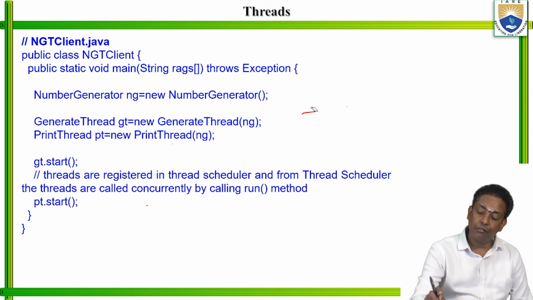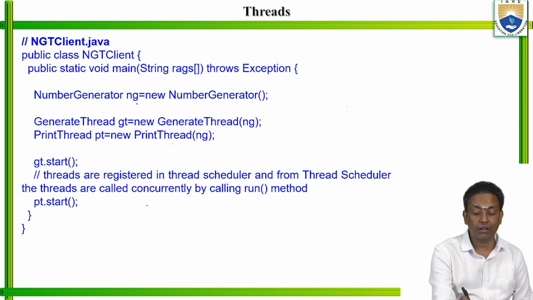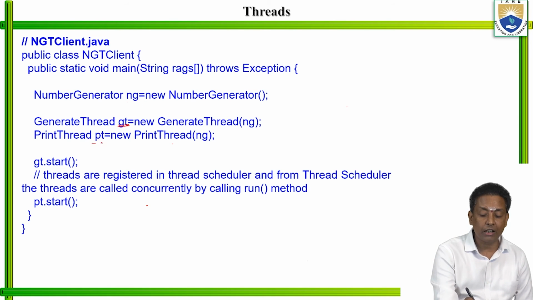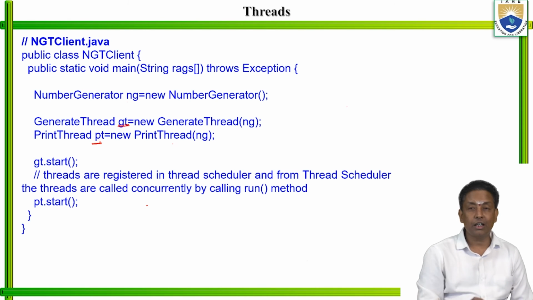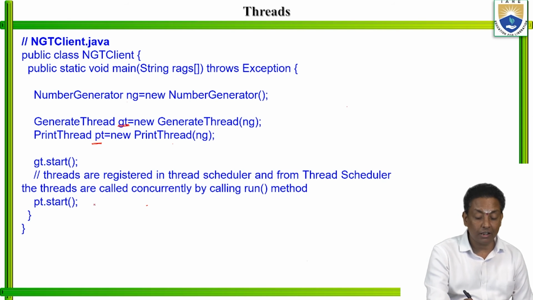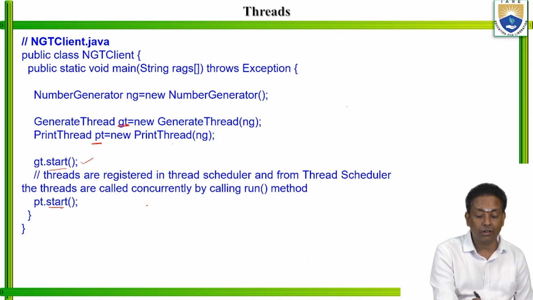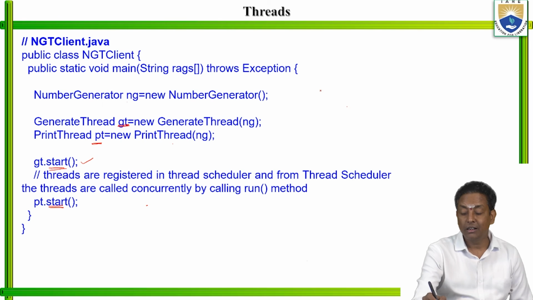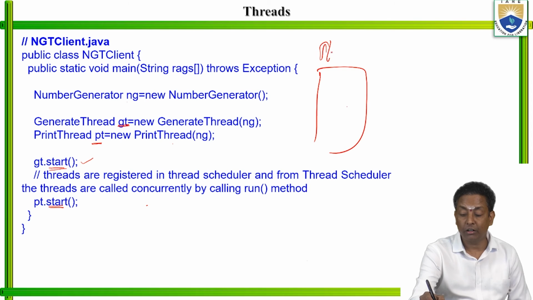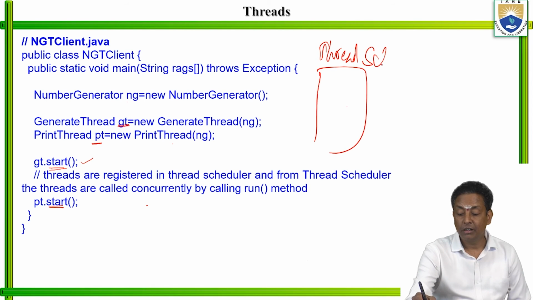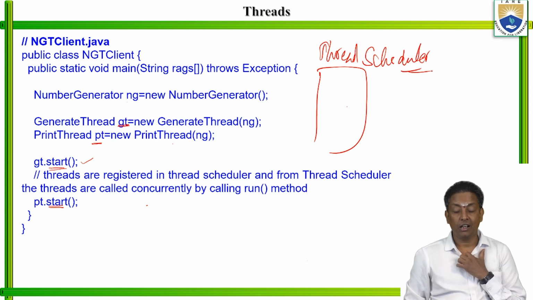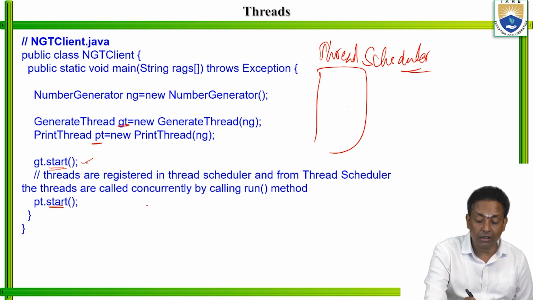After creation of the thread object, a method named start is provided in thread. On the generate thread we call the start method, and on the print thread we call the start method. When we call the start method on each thread, internally in the JVM one process named the thread scheduler runs.